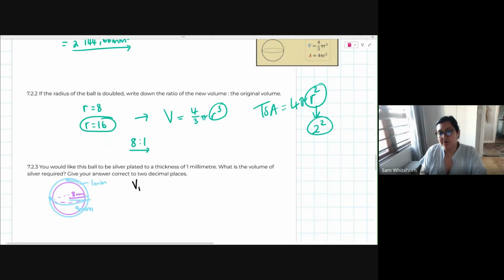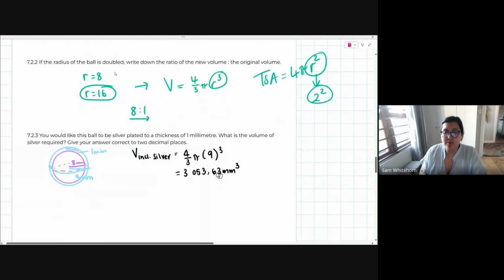So if we work out the volume including our silver plating, we're increasing our radius to 9 millimeters. And so that's going to give us 3053.63 millimeters cubed. And then, because we just want that thin silver plating blue bit, we have to subtract the metal ball.